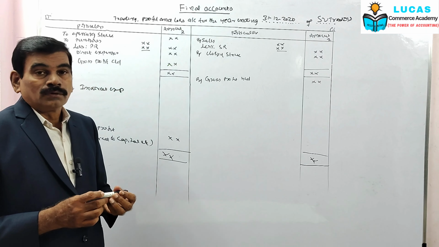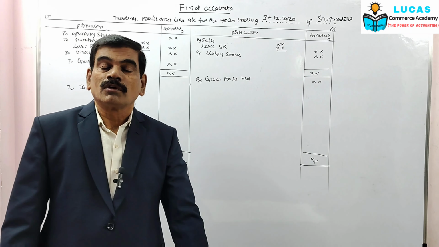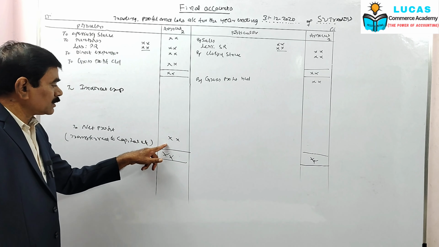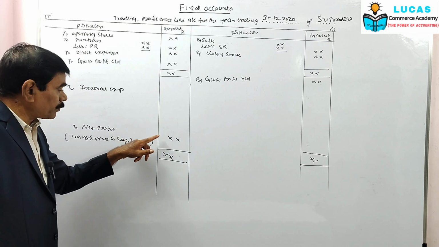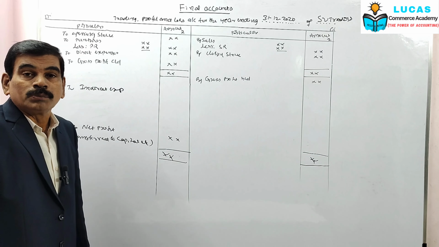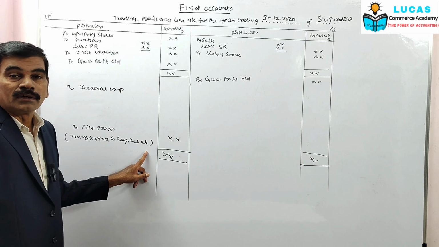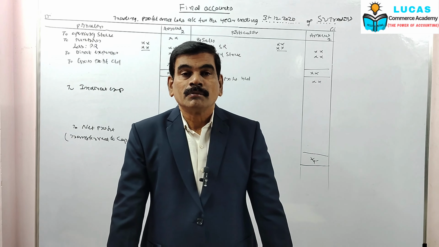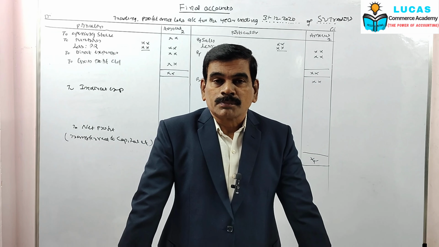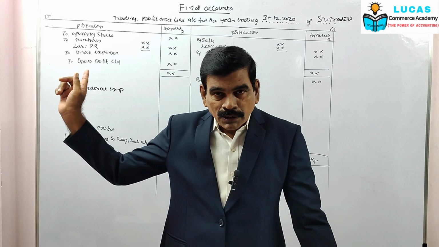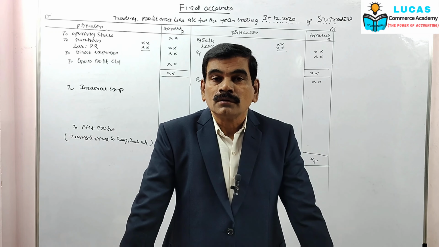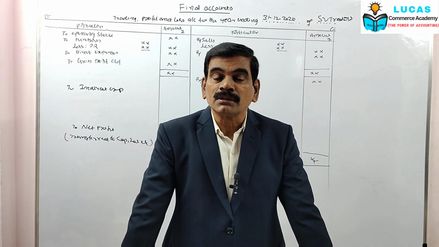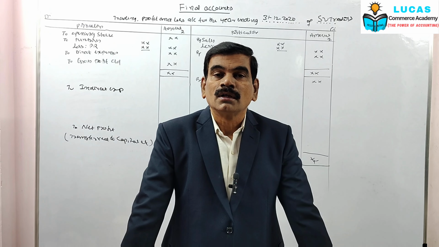This is the procedure for preparation of the trading profit and loss account. It finally indicates the net profit or net loss, which is to be transferred to the capital account. One thing you should remember: all expenses should be entered on the debit side, but some are entered in the trading account and some in the profit and loss account.